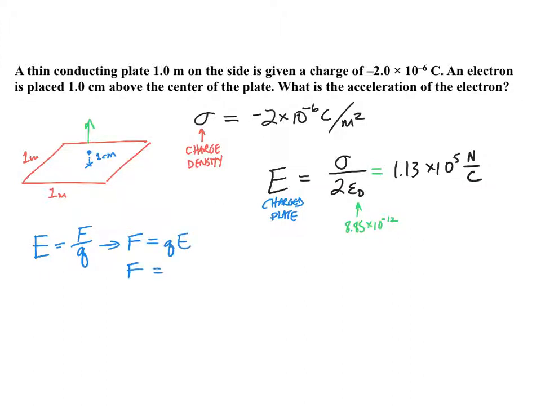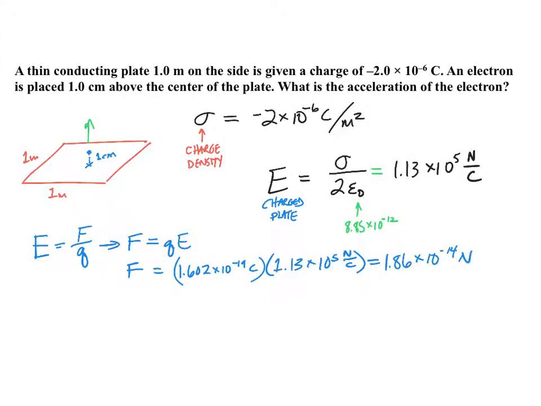So that means the force that we're working with will be the charge of an electron, which is 1.602 times 10 to the minus 19 coulombs, times the field that we just computed. And that will work out to 1.86 times 10 to the minus 14 newtons.